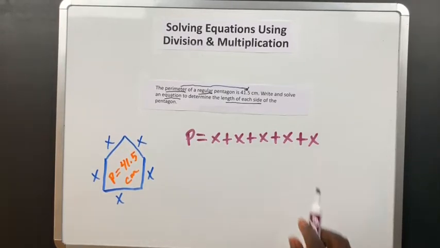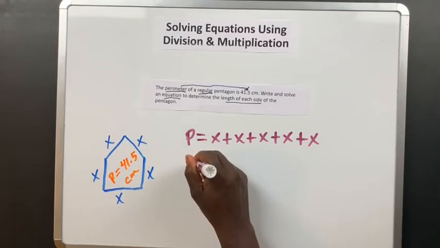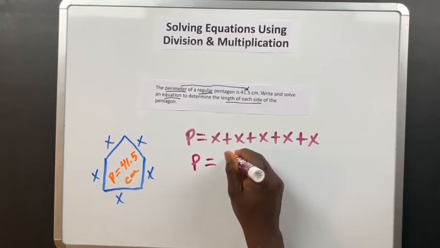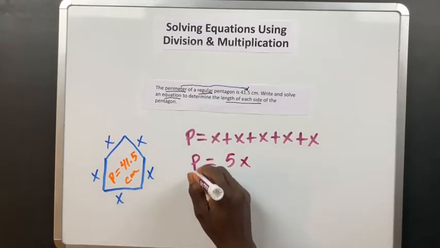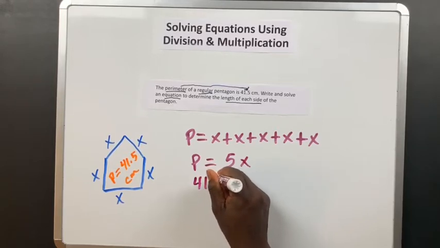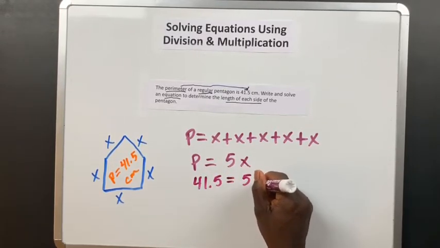Well, if we have 5 x's, we can rewrite that as 5 times x. So I'm going to write P equals 5 times x. Now, we can substitute what P equals, which is 41.5. So instead of P, I'm going to write 41.5 equals 5 times x.